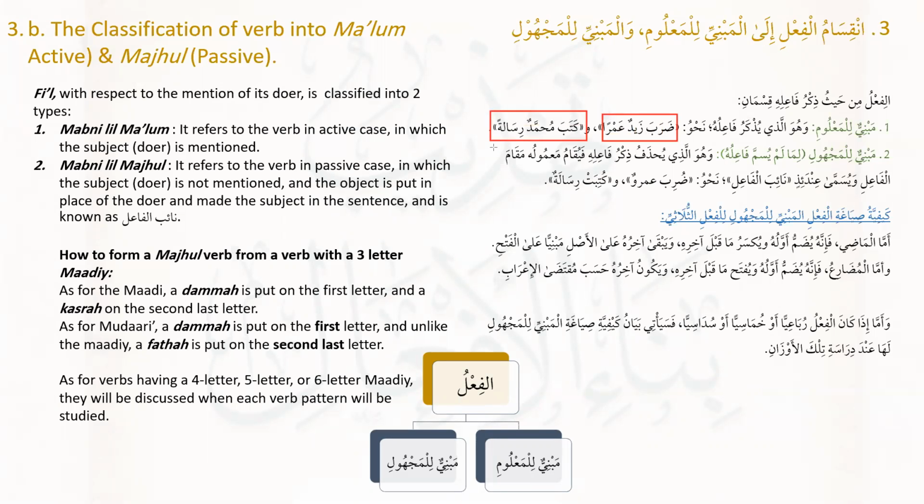ضرب زيد عمرا, where is the فاعل? Is it mentioned, and where is it if it is mentioned? زيد. Okay, طيب what made you choose زيد as the فاعل? What حركة?